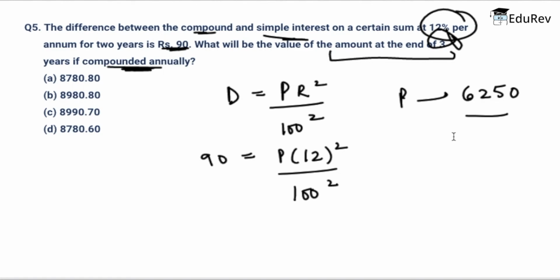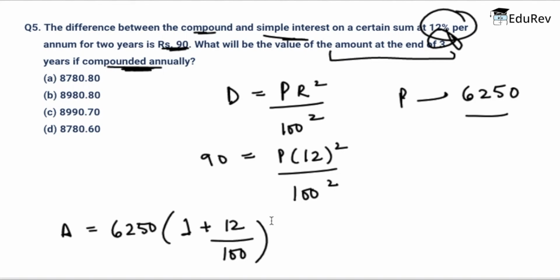Now calculating the compound interest on 6250, I can say that A equals 6250 into 1 plus 12 by 100 whole cube. And when I solve it, the value of A is going to be 8,780.80 rupees. So the correct answer is 8780.80, that is option number A.